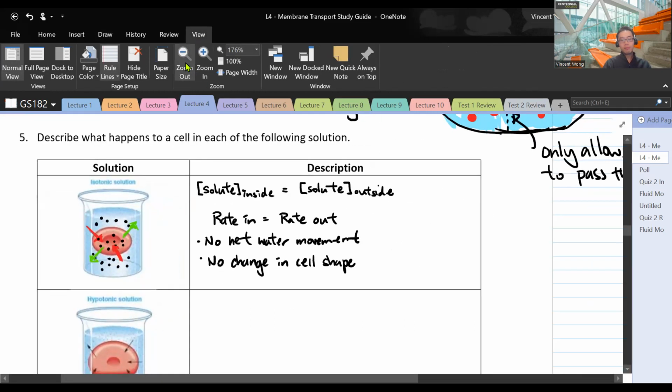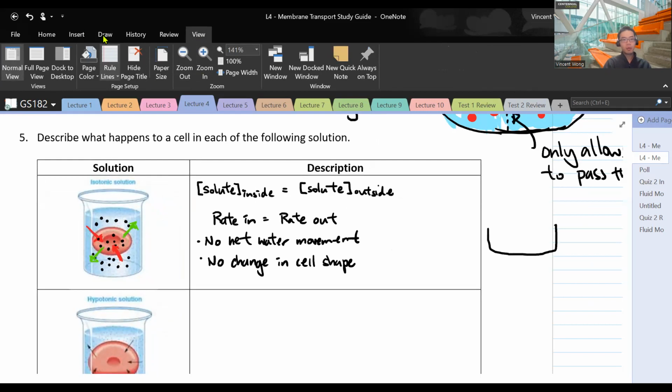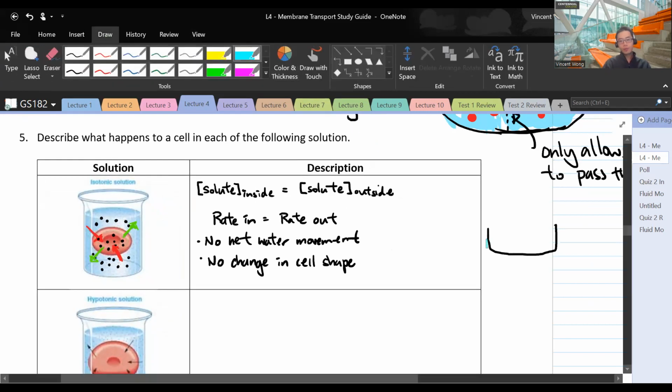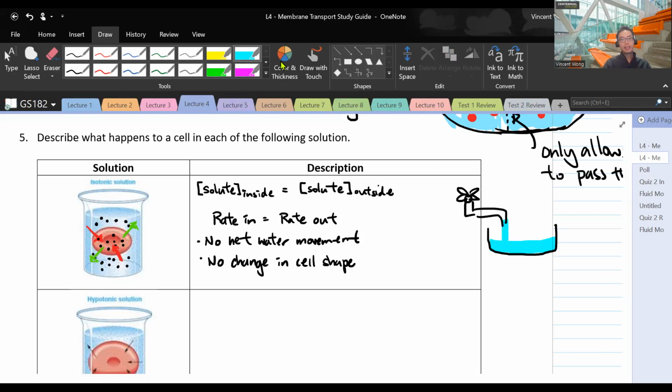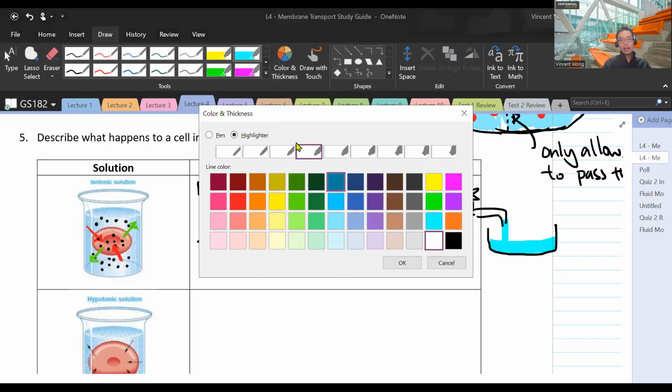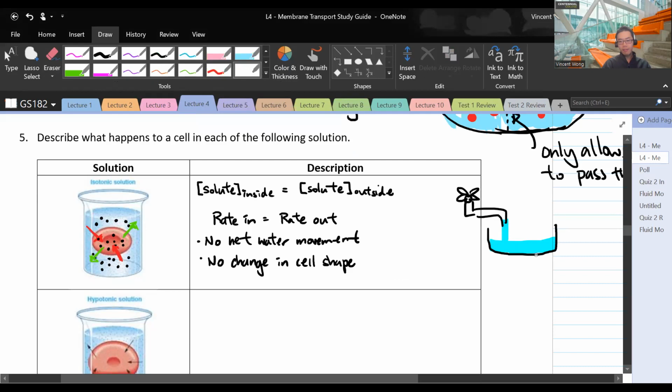One way to visualize this is think of a bucket of water. Okay, so we have a bucket of water, fill it up, and there is a tap. We're going to turn on the tap, so the water is going to be coming in like that. And our bucket here is going to have a hole.